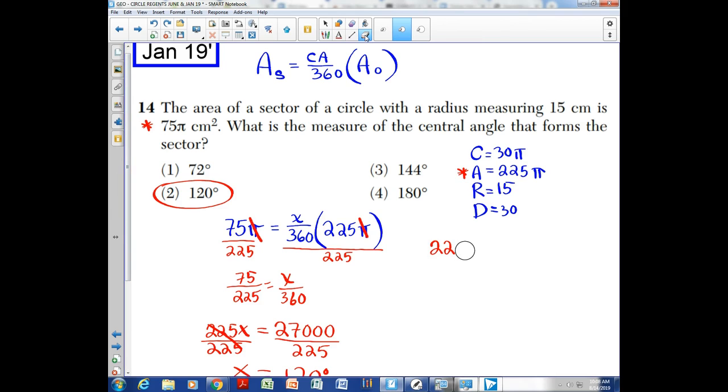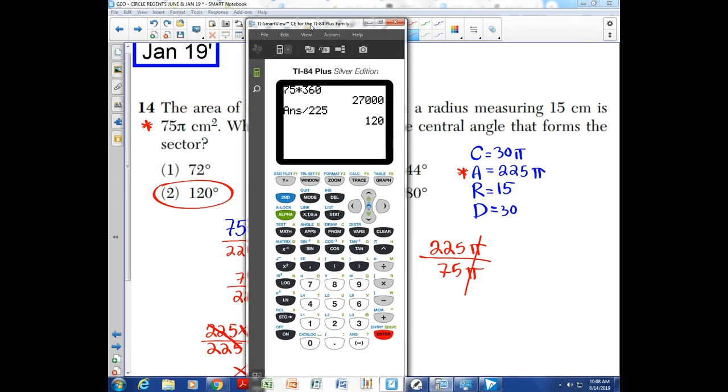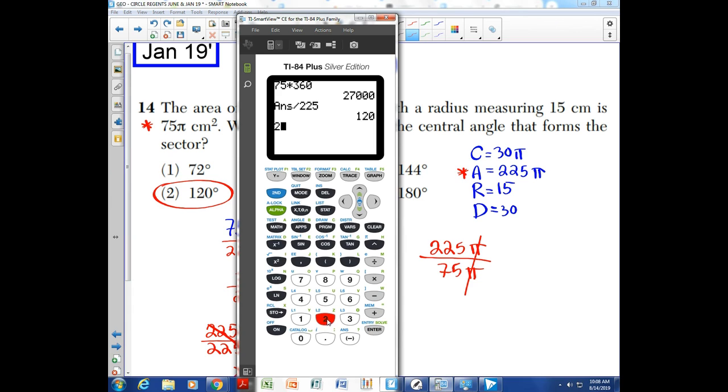225 pi, and divide it by the area of the slice, the sector, which is 75 pi. Pi's cancel out, and if you can't do that in your head, you could, of course, use your calculator. 225 divided by 75 is equal to 3.